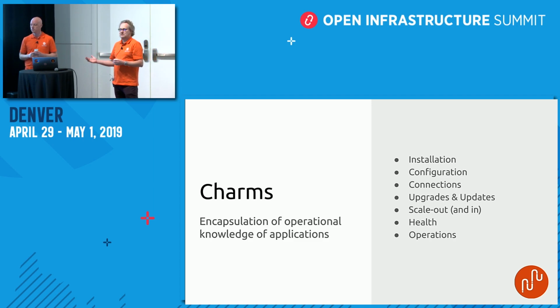So how it's installed, how it's configured, how it relates to other applications within the model, so how Keystone relates to Glance and Cinder and Nova and Neutron, for example. How that application is upgraded and updated, how it's scaled out, so how we add more capacity, how we add high availability. These are all things that are encapsulated in the Charms.